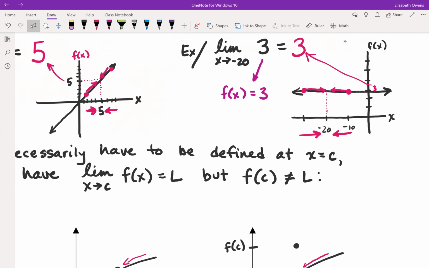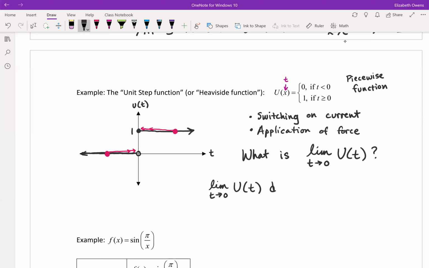In fact, it's so big of an issue for this limit that we have to say the limit as t approaches 0 of u of t straight up does not exist. It does not exist, and that is our final answer for the limit. It is possible for a limit to not exist, and this is one case of that.